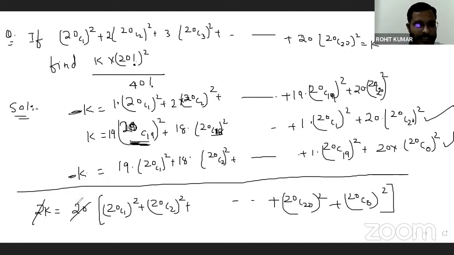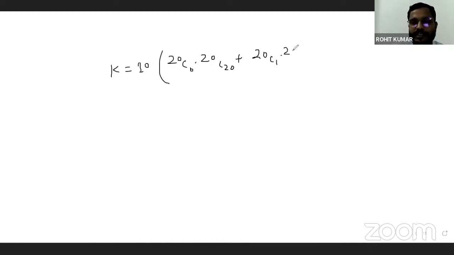So this 2 will cancel this time, it is 10 times. So you will have K equal to 10 times 20C0 square, that is 20C0 into 20C20, 20C1 square, 20C1 into 20C19, and so on, 20C20 is 20C0 into 20C20.